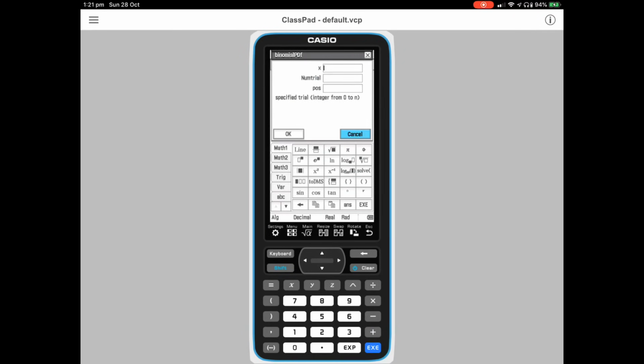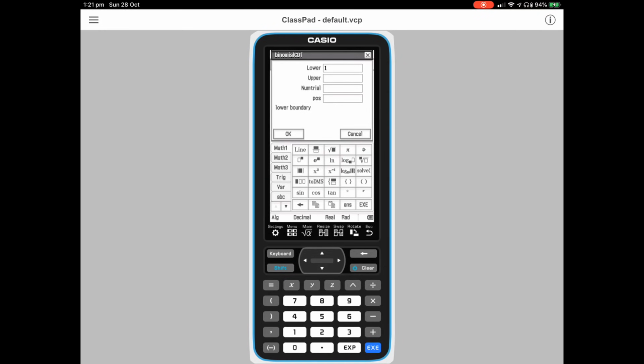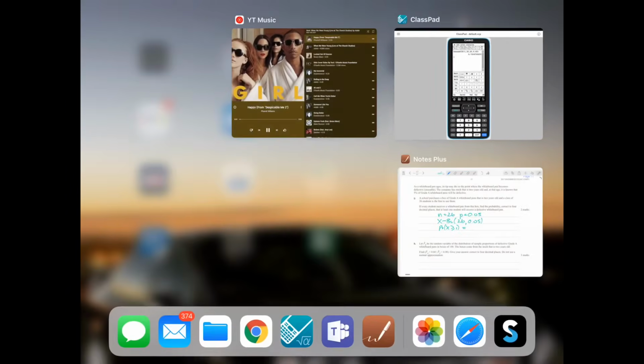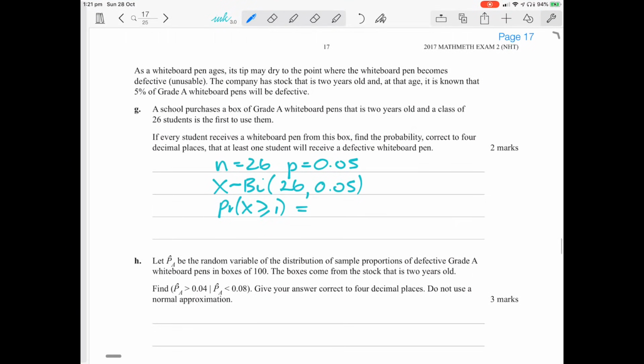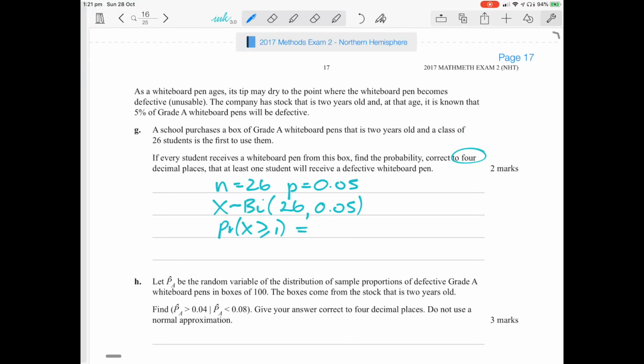Discrete binomial CDF, 1 to 26, 26, 0.05, 0.7365, to 4 decimal places. Why do they keep changing from one to the other? 0.7365. So that's the probability that at least one of them will have a defective pen.